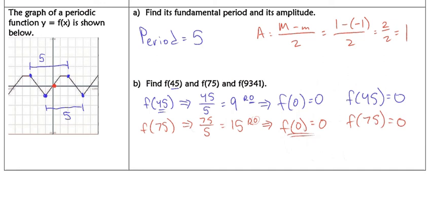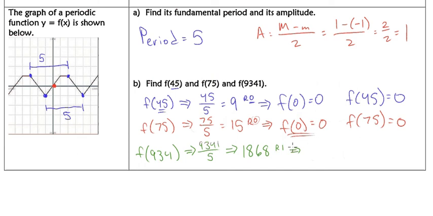Let's do one more. So our 9,341, f of 9,341. Going to find, first off, how many cycles will that be? And I want to find out my remainder. So 9,341 divided by the period, divided by 5, gives me 1,868. And you can think of it as 0.2, but I'm going to leave it as remainder 1.